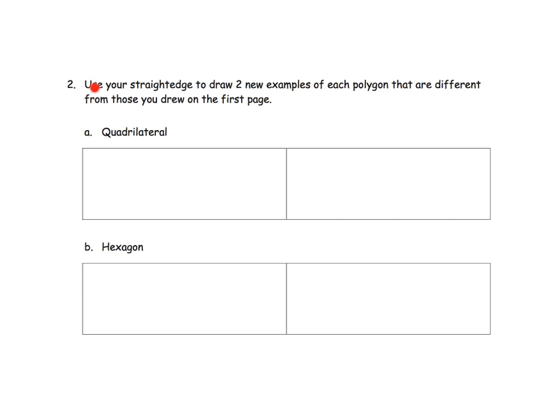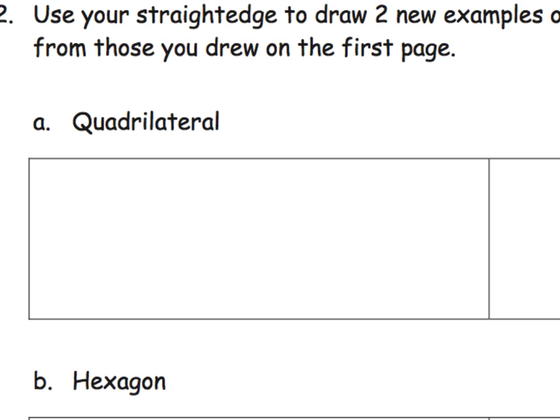So the directions here say use your straight edge to draw 2 new examples for each polygon. So of course we want to draw a quadrilateral, and I'm going to zoom in and let's see. Let's make a 1, 2, 3, 4. There's my quadrilateral.